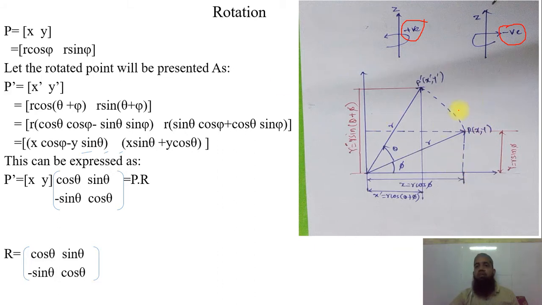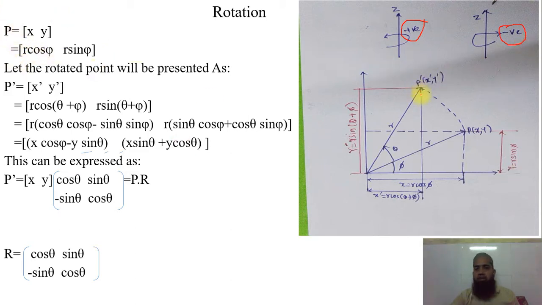So you have to remember, whenever we rotate the object, the anti-clockwise direction will be positive and the clockwise direction will be negative. Here we have a point.